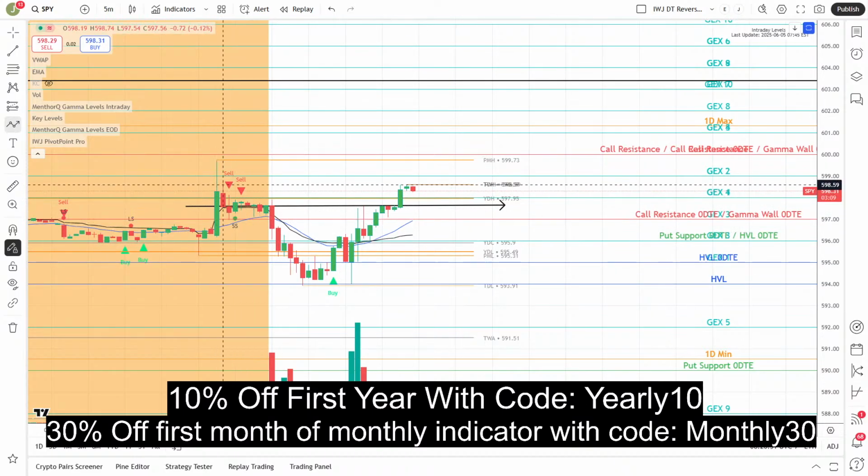They're kind of trading off this high right here that gave us this small move down.